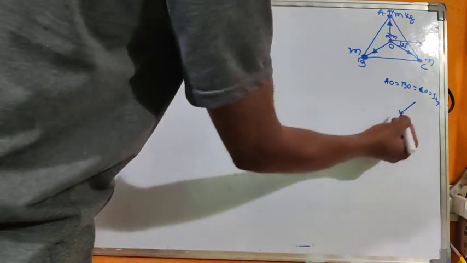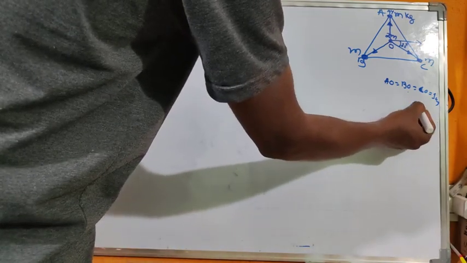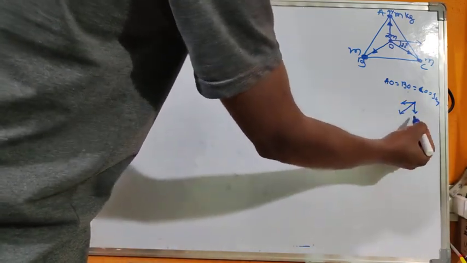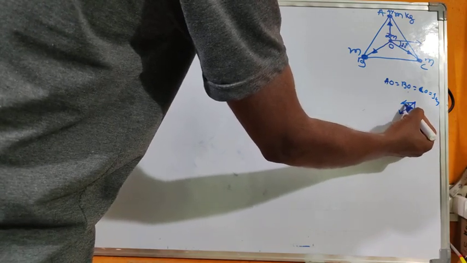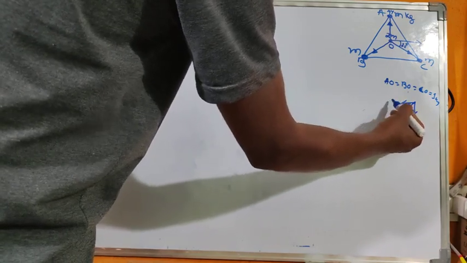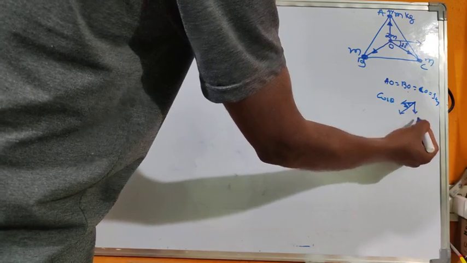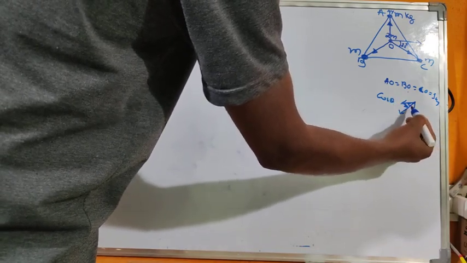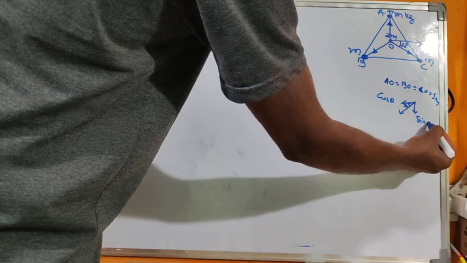It is directed downward and along the negative x-axis, with angle theta. Along the theta component is cos theta, and perpendicular to that is sine theta.